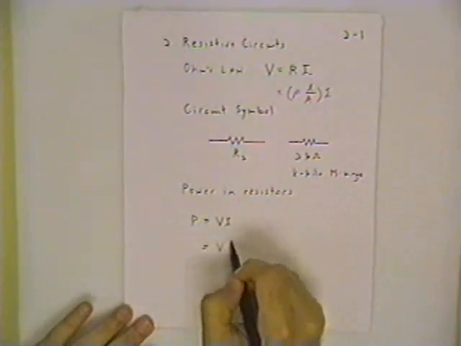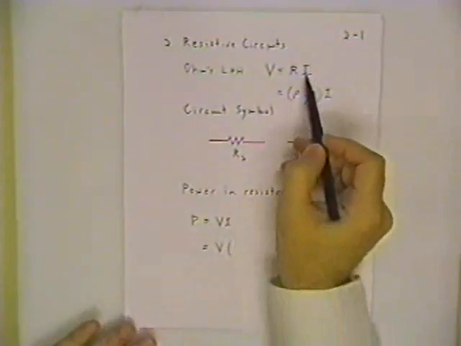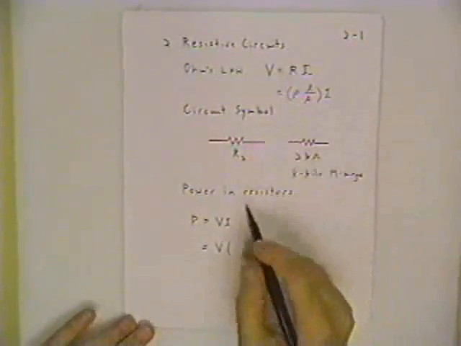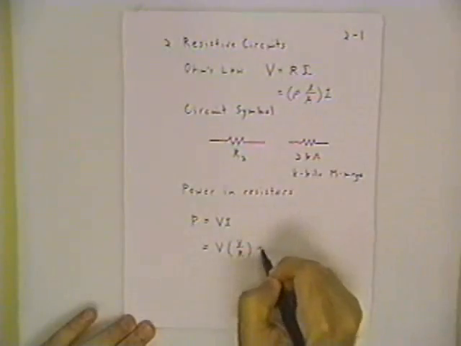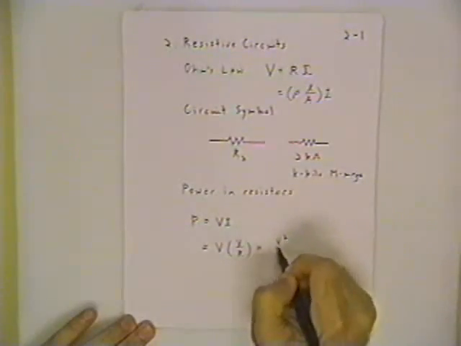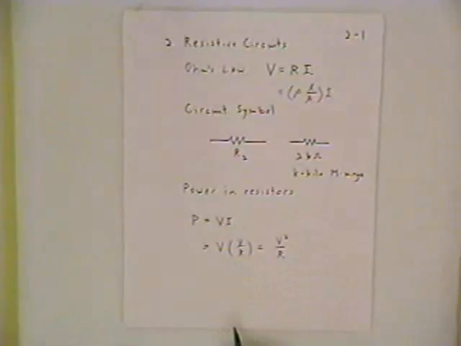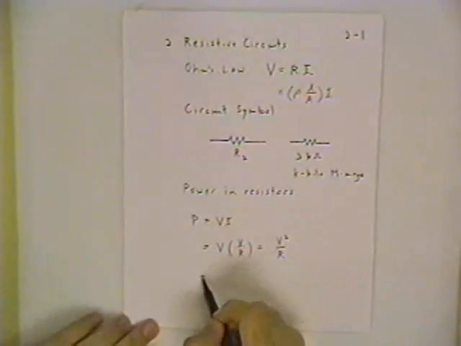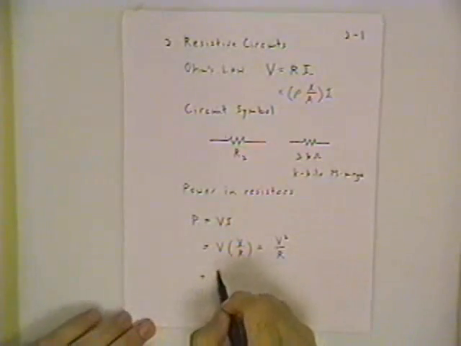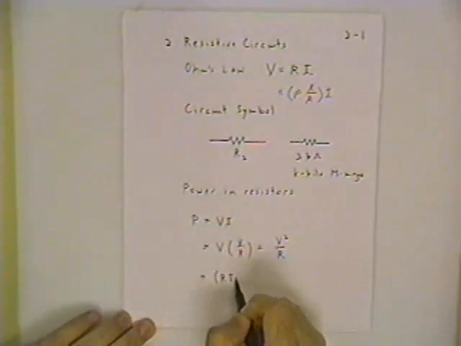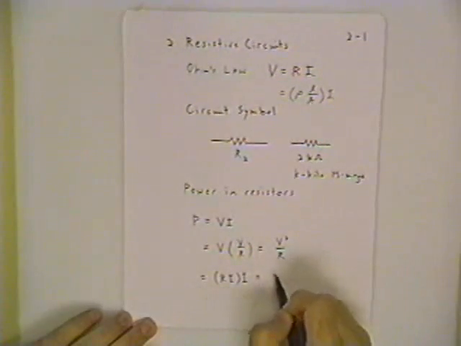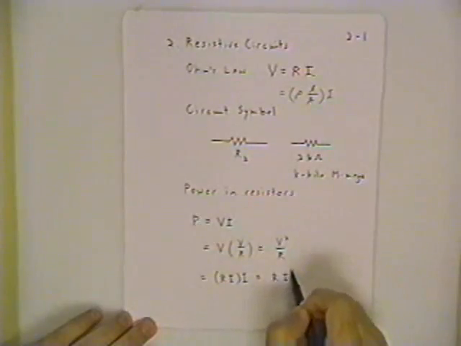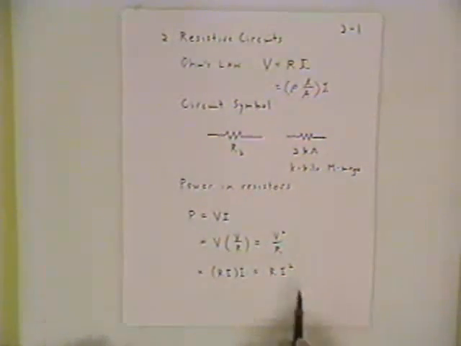We can take the current and instead write it as I is equal to V divided by R, and wind up with V squared over R. Or, alternately, we could take and substitute R times I for voltage, and that gives you R I squared. Or you might know it better as I squared R.